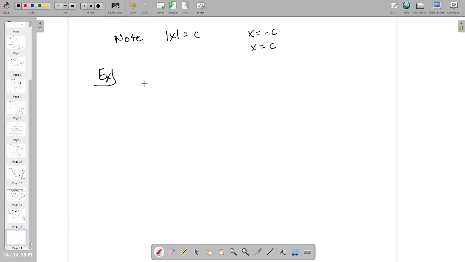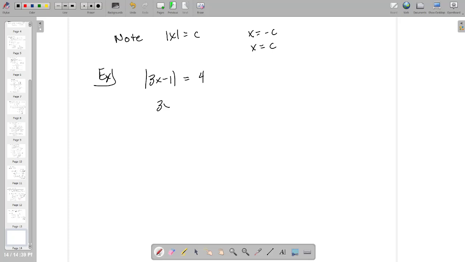So suppose we have the equation 3x minus 1 in absolute value is equal to 4. How do we go about this? Well, if we have the absolute value of something is equal to c, then we can split it into two equations where it's equal to positive c and negative c.